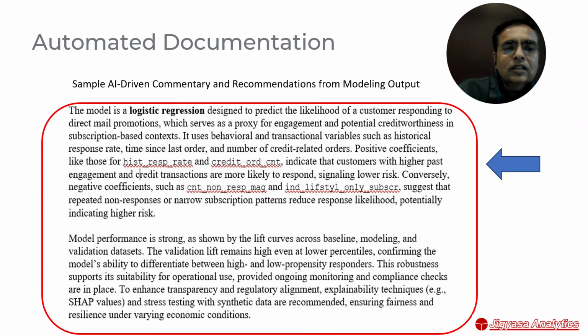So it is helping the individual who might not know a lot about this business, is fairly new, understand the details and dynamics of the model, and it is helping him interpret the model.